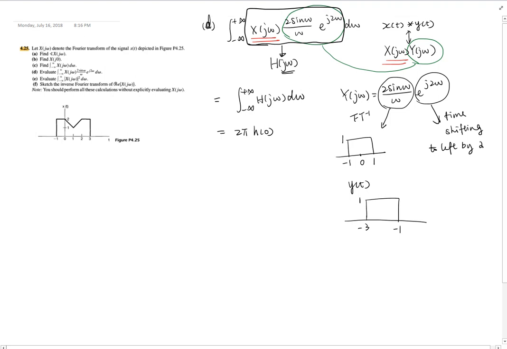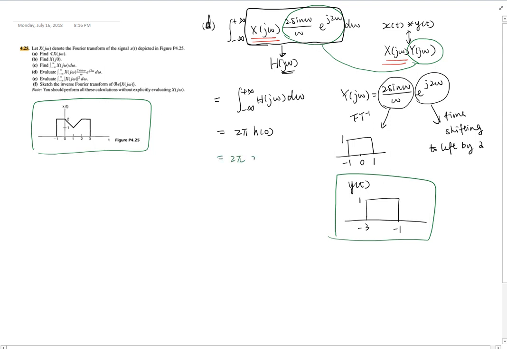Now I have my y(t), and I already have my x(t) over here. What's our next goal? We find our y(t), we find our x(t). Next we do convolution, right? So we want to do the convolution of x(t) and y(t) with t equals 0.